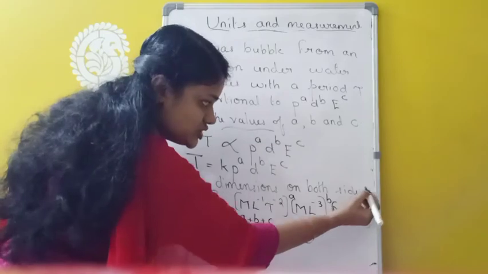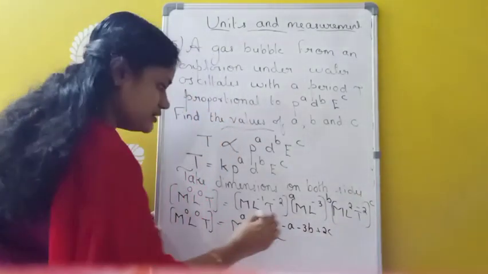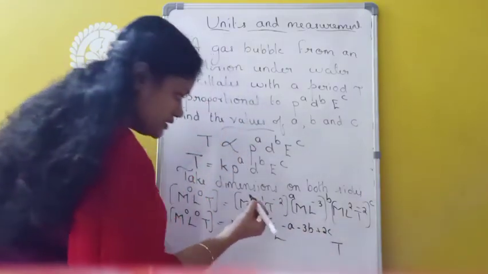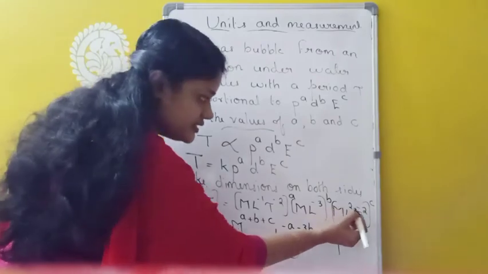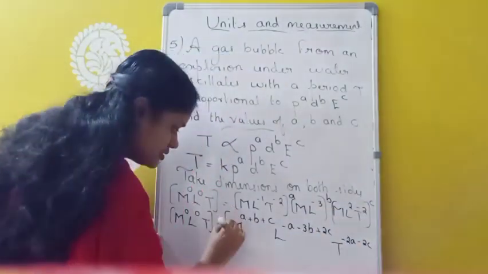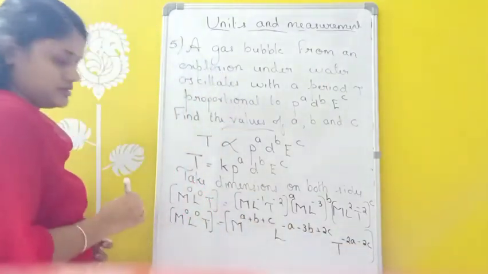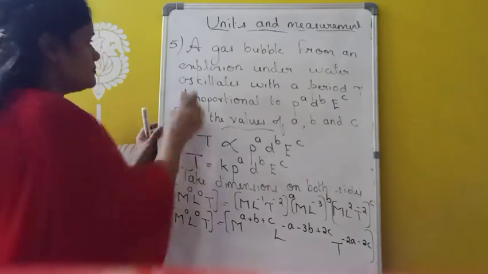Here L raised to 2 into C is plus 2C. So plus 2C. Then again T raised to, here minus 2 into A is minus 2A. Here no T. Here minus 2 into C is minus 2C. So this power is simplified. Now what I have to do is I have to equate the powers.